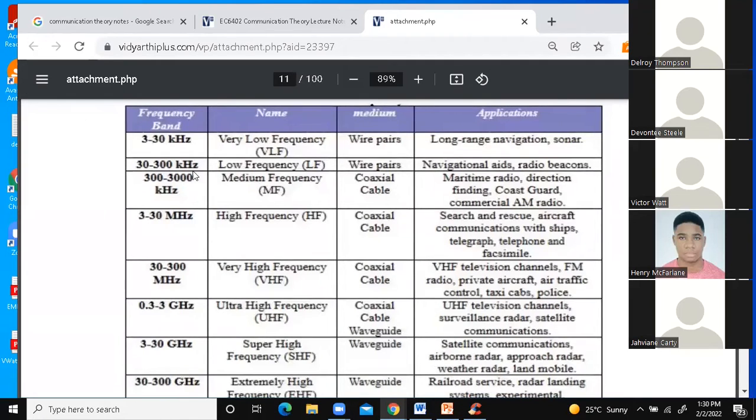You're going to look at the frequency band, right? What we call it, what medium we use to transmit, and what kind of applications it serves.